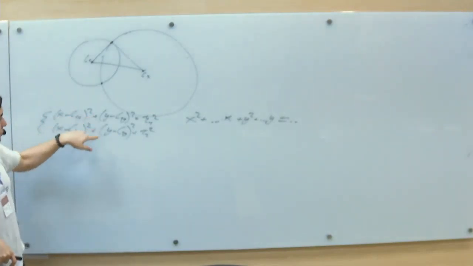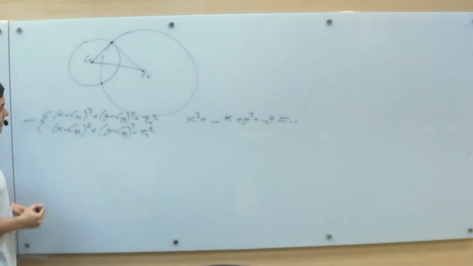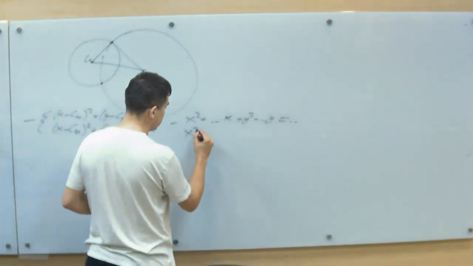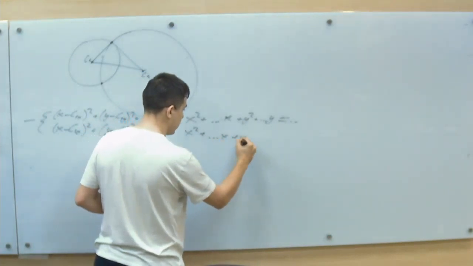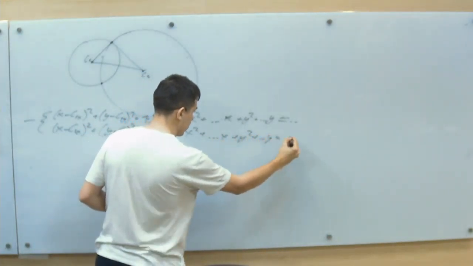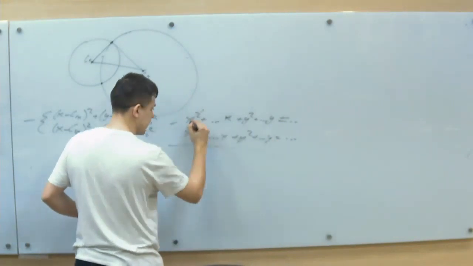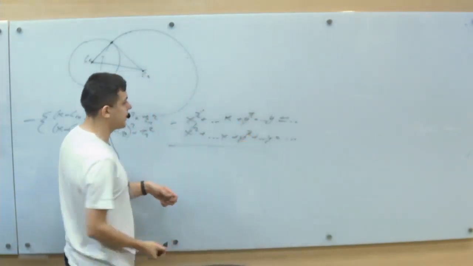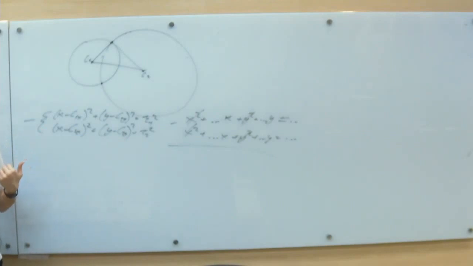This means that if we subtract these two equations, then we get a line. Right? So if we subtract these two, then x squared cancels out, y squared cancels out, and we get a line equation.